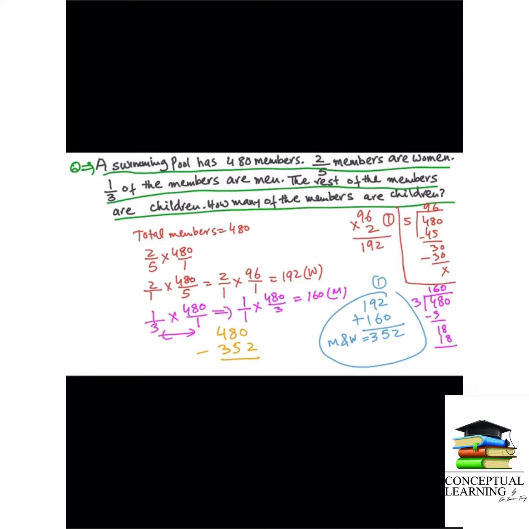So here 0 minus 2, we carry 1 from here, and 8 changes into 7, 0 changes into 10. 10 take away 2 is 8, and 7 take away 5 is 2, and 4 take away 3 is 1. So the children are 128. So 128 are C, meaning children.